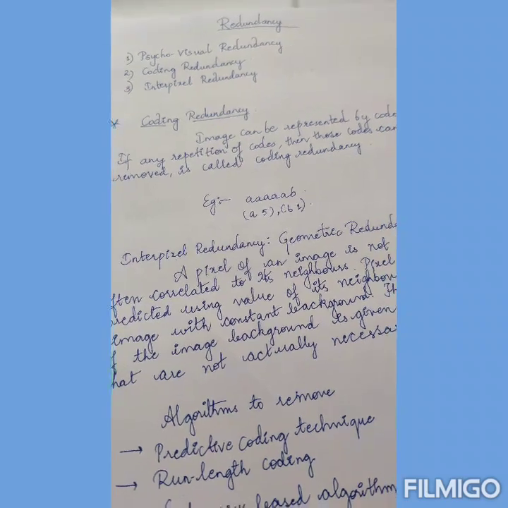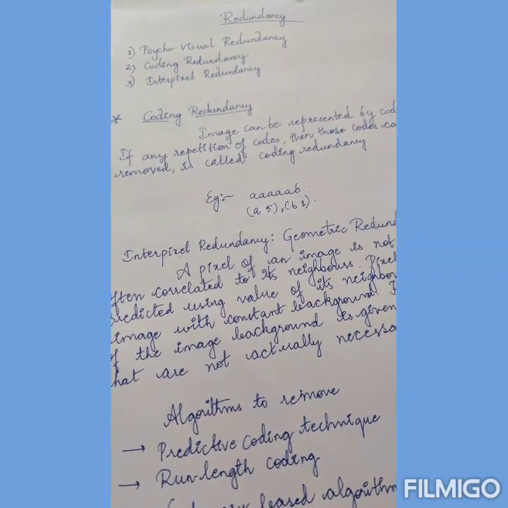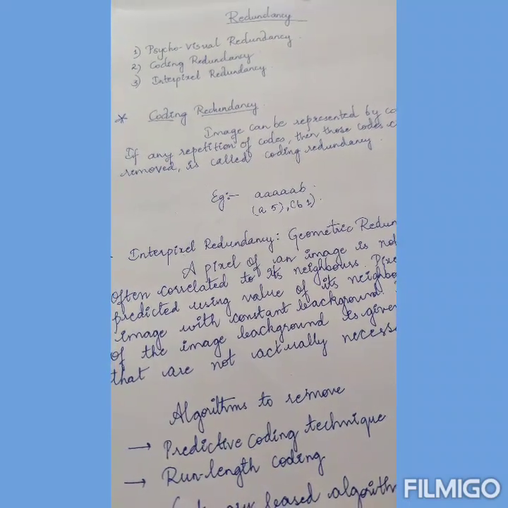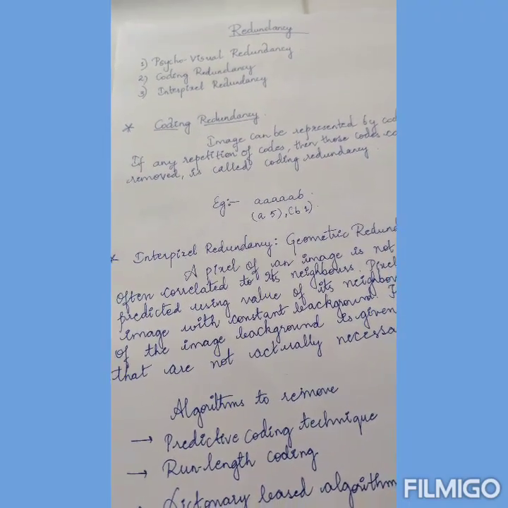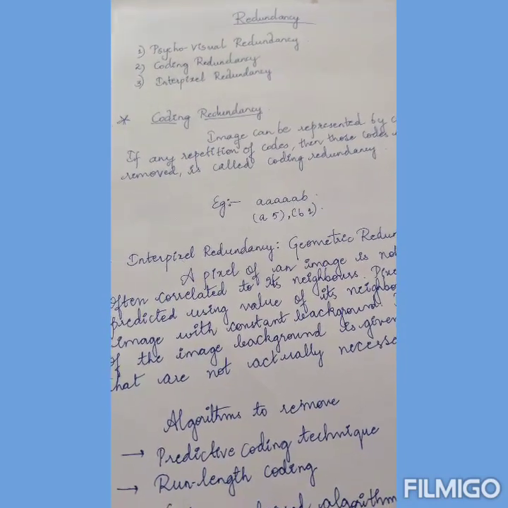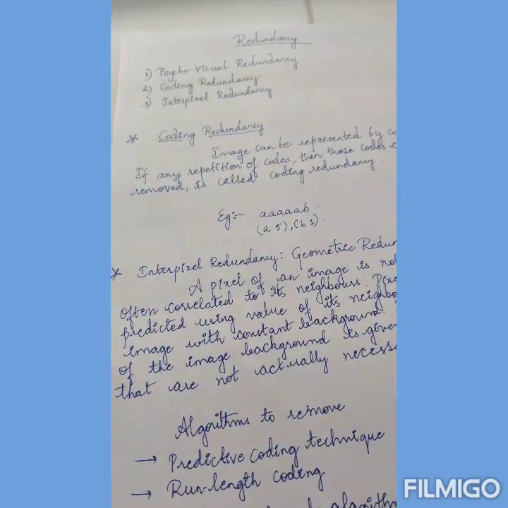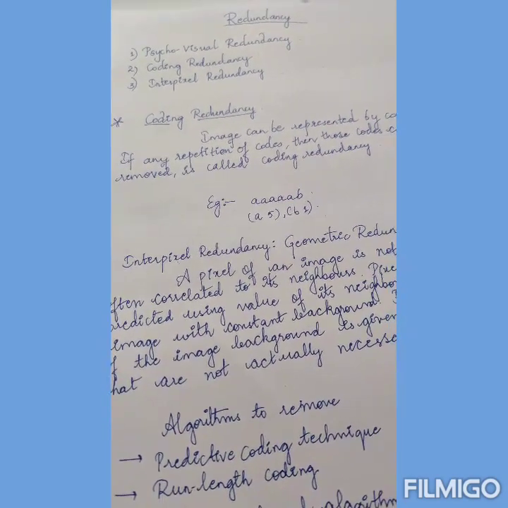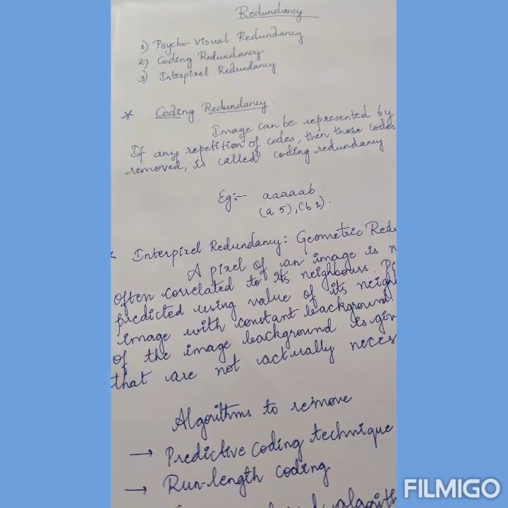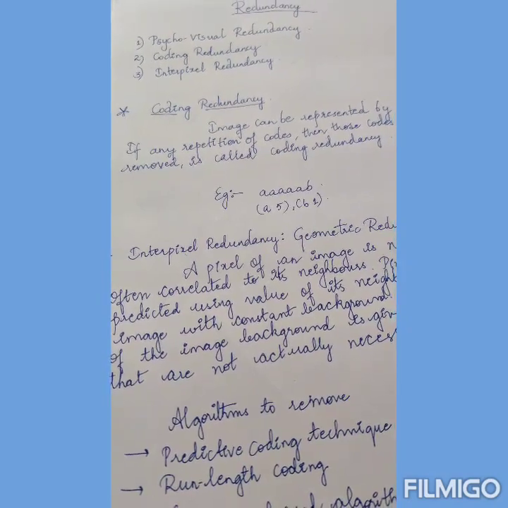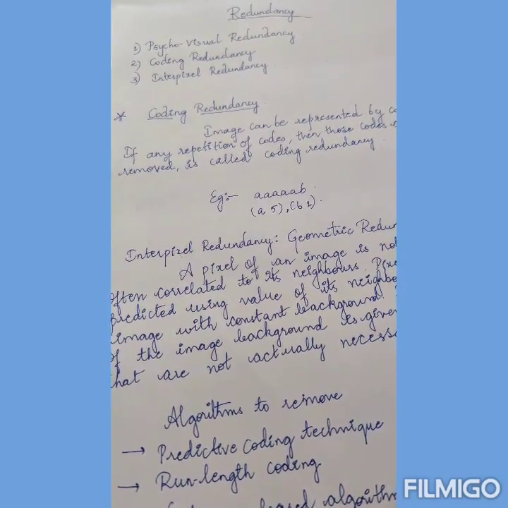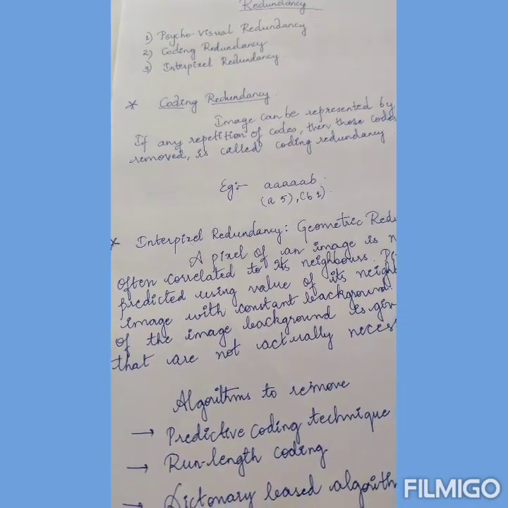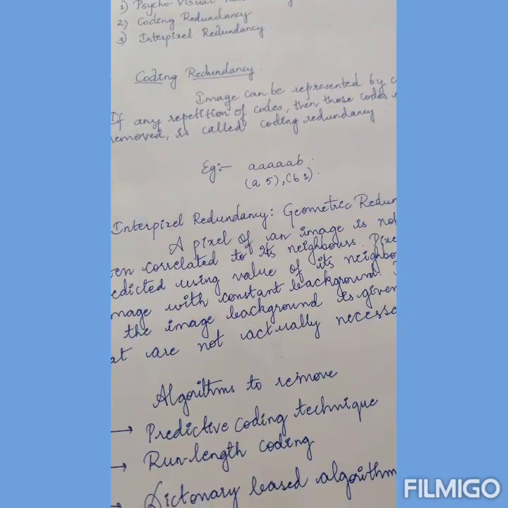We have also discussed two types: lossy compression and lossless compression. To achieve that compression, we are seeing today's topic, redundancy. There are 3 types of redundancies: psychovisual redundancy, coding redundancy, and interpixel redundancy. One by one we will discuss each of them.